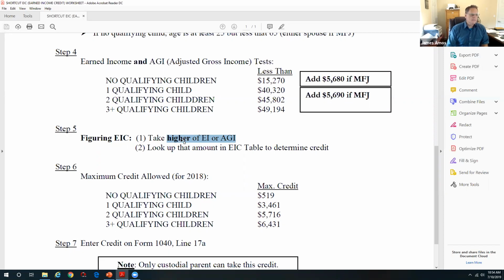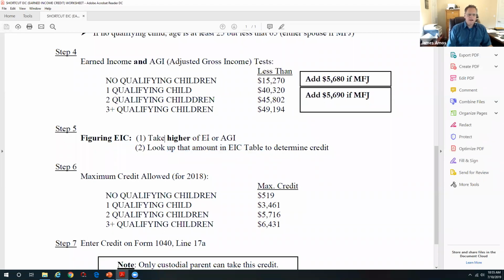Garrett wrote you can use tables in the 1040 instructions. Yes, you would. You take the higher of earned income or the AGI, whichever is higher, and then you look up that amount in the EIC table. You'd find those tables in the 1040 instructions, just like you said, Garrett.